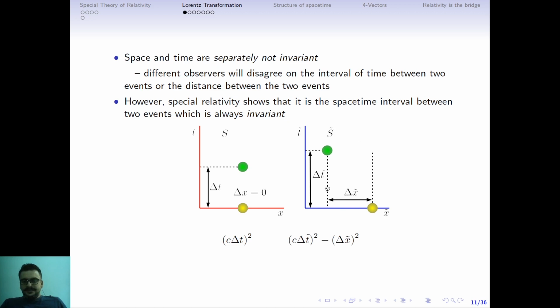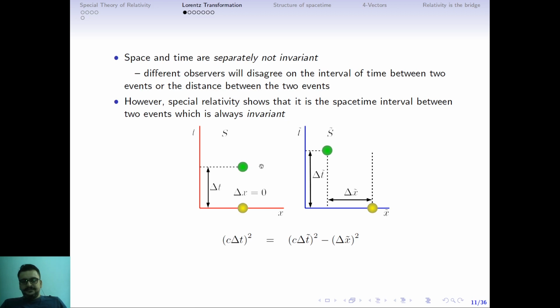So the space-time interval that the moving observer will observe will be c delta t whole square minus delta x square. Over here, c delta t tilde square has increased, but at the same time there is a delta x tilde whole square as well. The combination of these two will turn out to be equal to the space-time interval here.